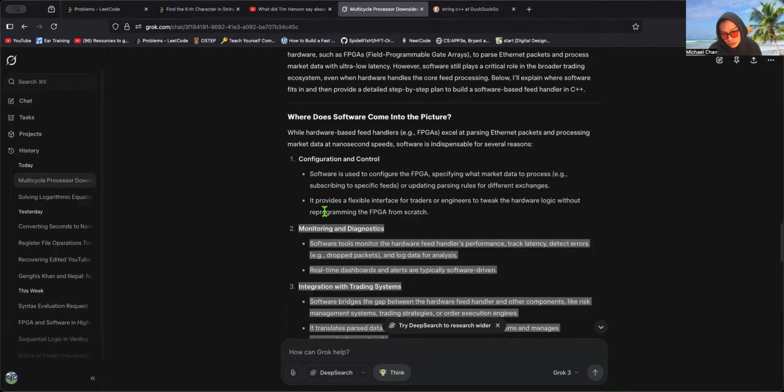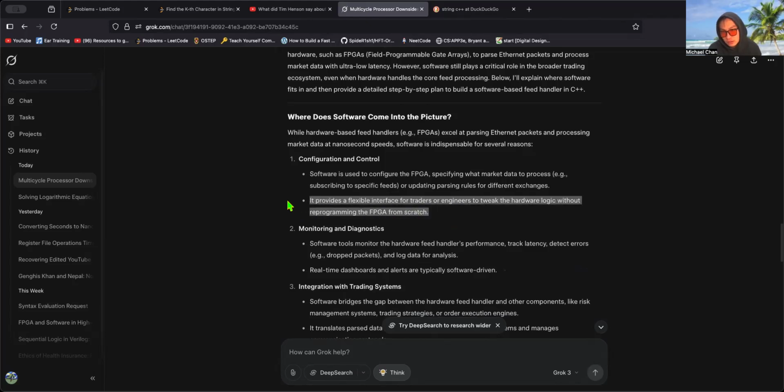Oh, you can write this logic within the hardware and then give a software interface to control it, maybe?